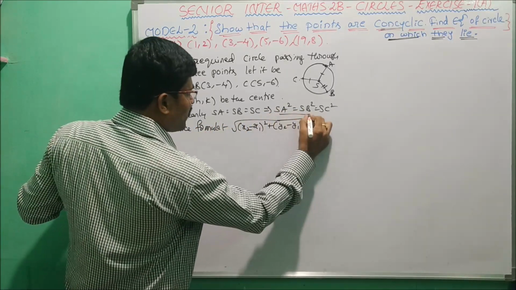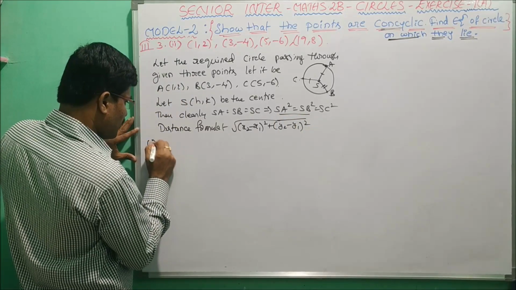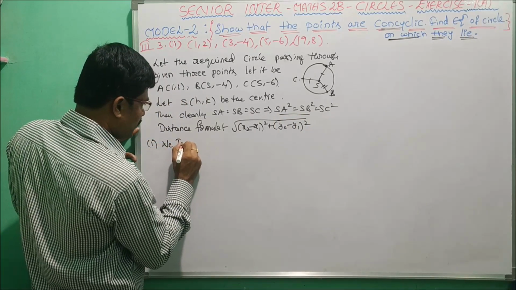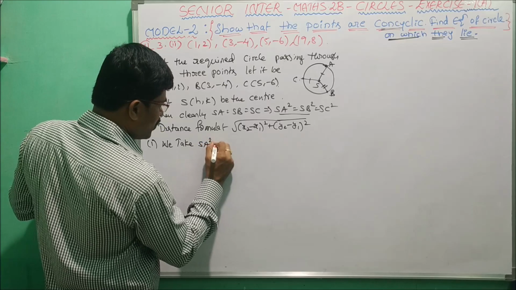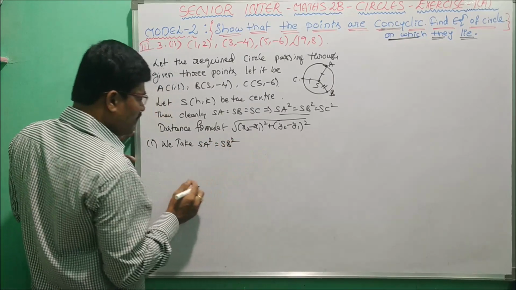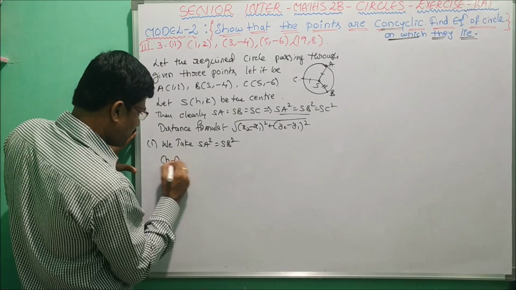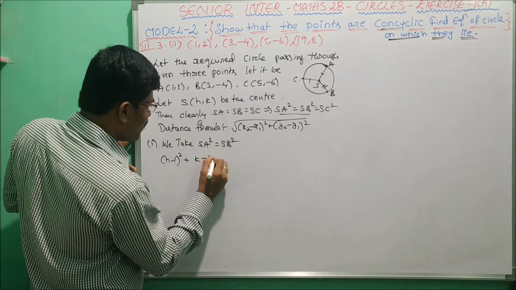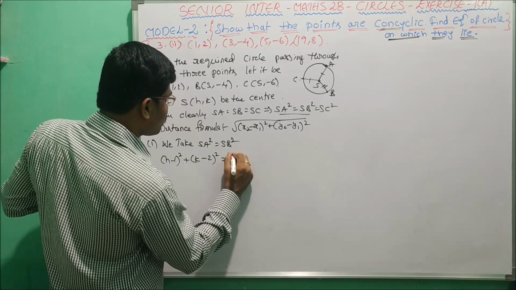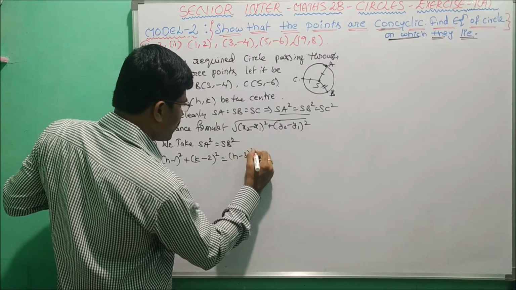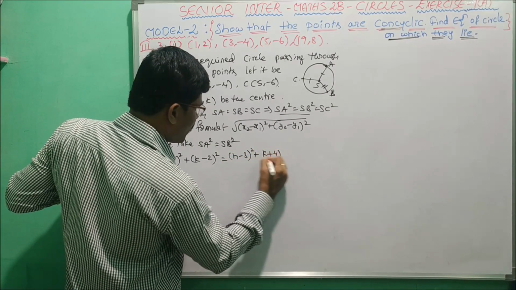First we take the first condition. We take SA square equal to SB square. In this, SA square means h minus 1 whole square plus k minus 2 whole square equals h minus 3 whole square plus k plus 4 whole square.